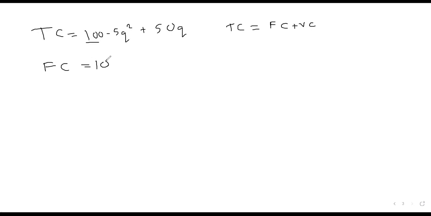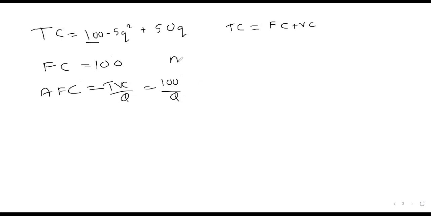So our fixed cost is 100. And average fixed cost, we just divide what? Total fixed cost divided by quantity. So when we divide our total fixed cost, which is 100, by the quantity, we're going to simply remain with 100 over quantity.